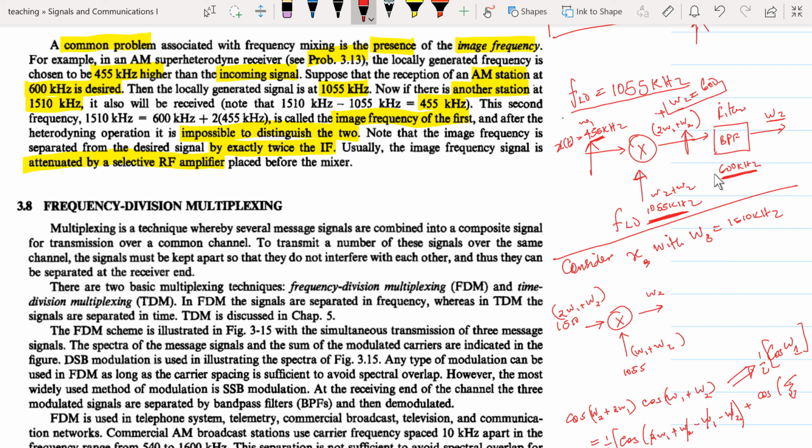So having done that, we are now assuming that another signal appears which has the frequency centered at 1510 kilohertz, which in mathematical operations is equivalent to twice our first frequency plus the second, 2 omega 1 plus omega 2.